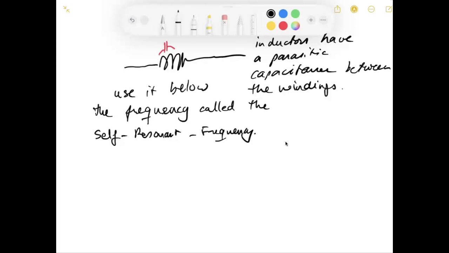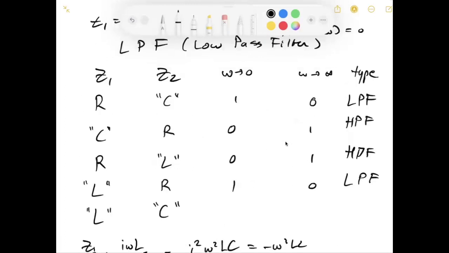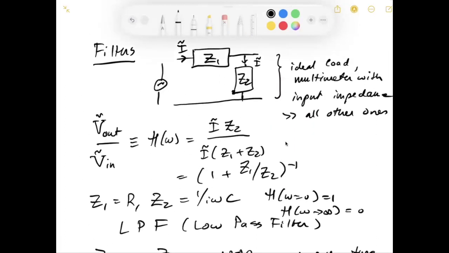All right, now another aspect is we've done this thing where we drive this circuit with some kind of a source, and then we have an ideal meter there.